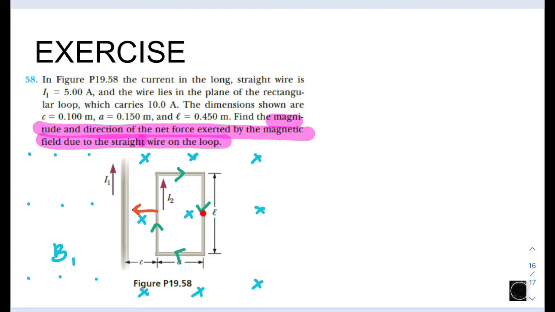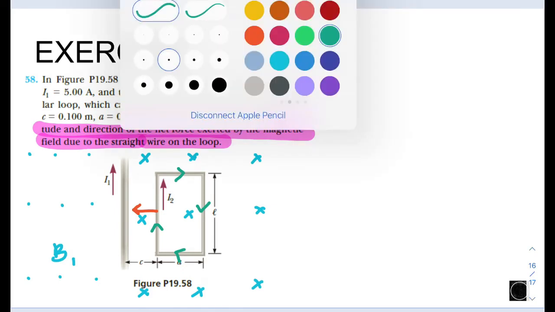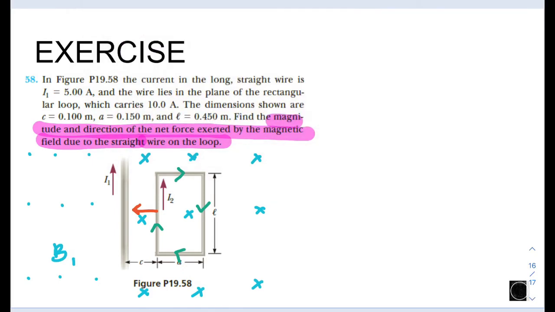Then your B is into the page. So your force, or your thumb, is to the right. This is the F on this side.